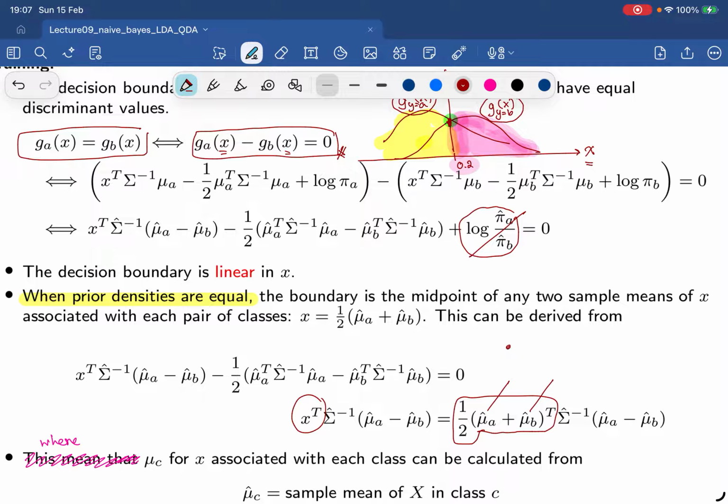Or in other words, if you have two-dimensional x1, x2, and suppose that this is your mu A and this is mu B, this is telling you that the decision boundary you will cross between these two is actually lying in between the two center points.